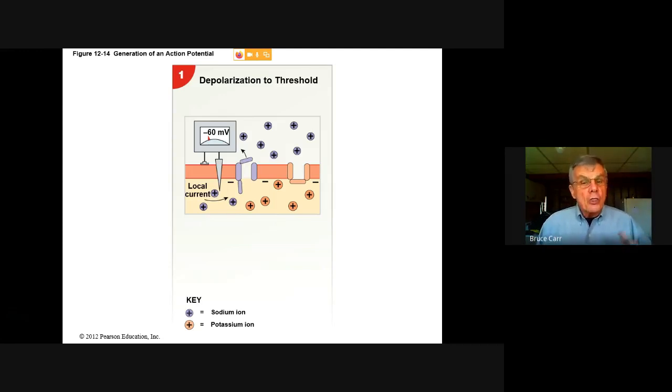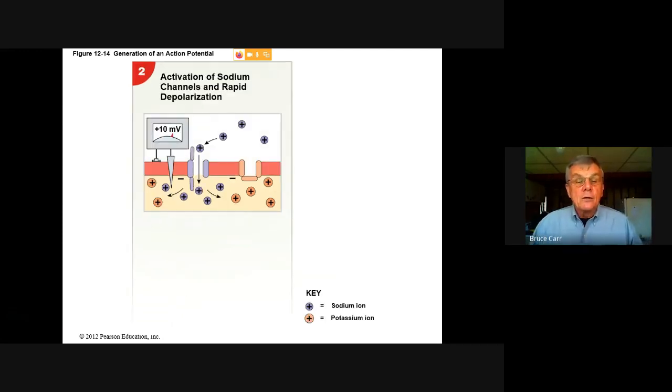Now, you'll recall the big arrow for sodium at rest, pushing it into the cell. So when that pops open, sodium is going to flood into the cell, and the voltage is going to change from minus 60 to minus 50, 40, 30, all the way past zero, and we're now observing it a little bit later when it swung from minus 60 all the way over to plus 10 millivolts from the movement of sodium.